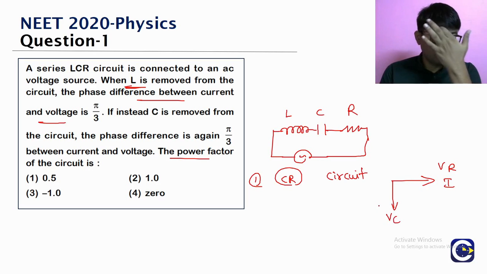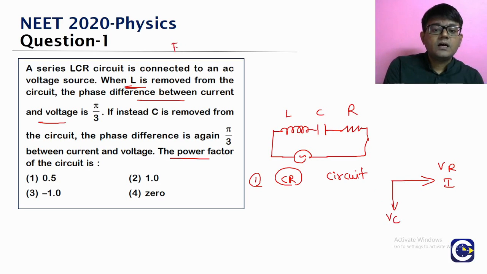So remember the mnemonic. The common mnemonic is ELI the ICEman. For the inductor, E represents EMF, so EMF will be leading the current.